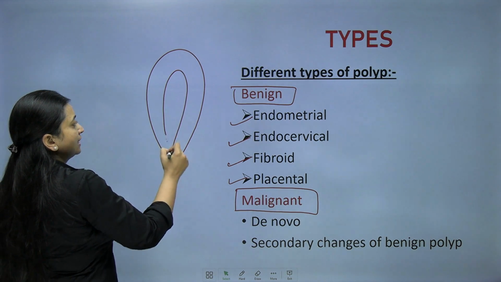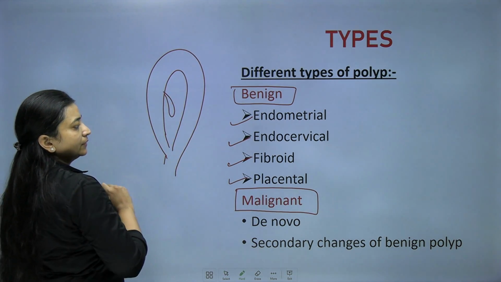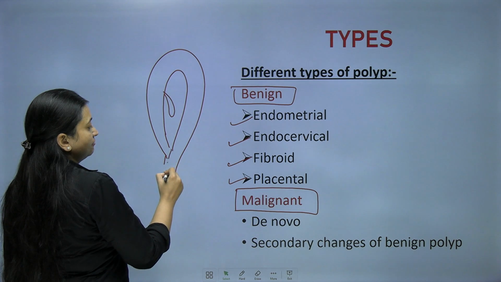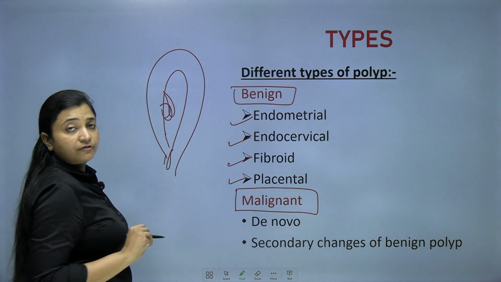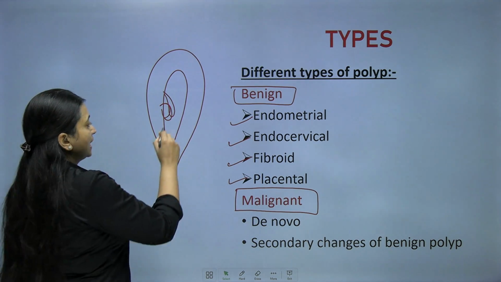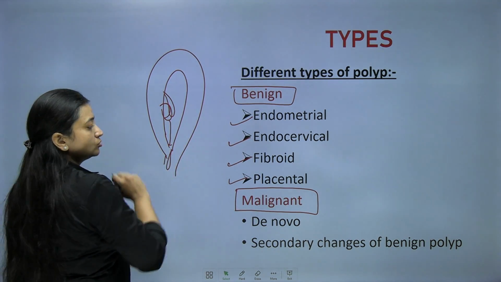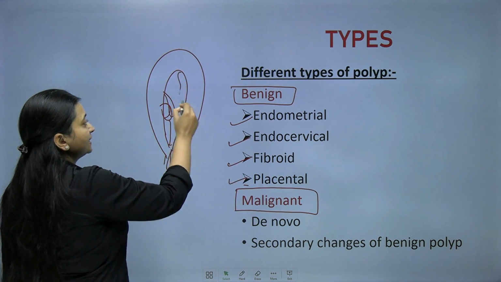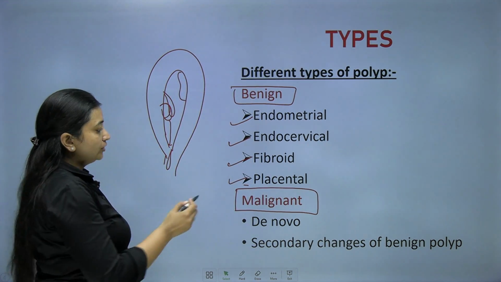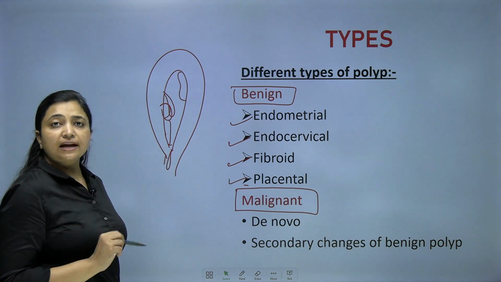Anything arising from the endometrium, endocervical, any submucous fibroid which we discussed in our leiomyoma series, any submucous fibroid which wants to come out becomes a polyp, and any retained bits of placenta can also lead to a placental polyp. These are benign polyps.